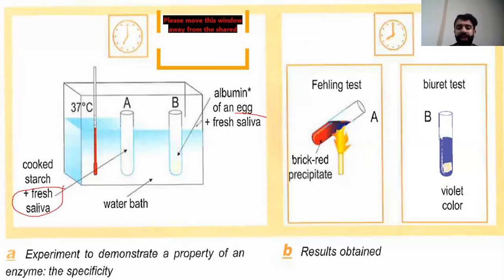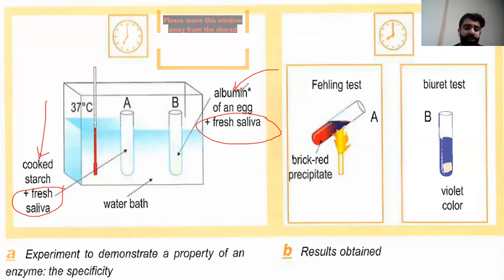In tube A, we have cooked cornstarch. In tube B, we have albumin of an egg. Salivary amylase works on starch to give maltose at a temperature of 37 degrees Celsius.